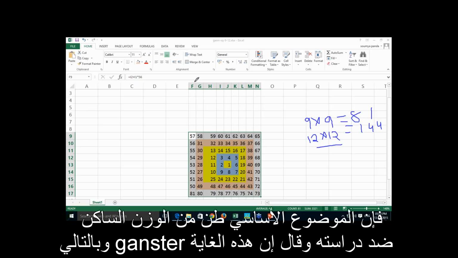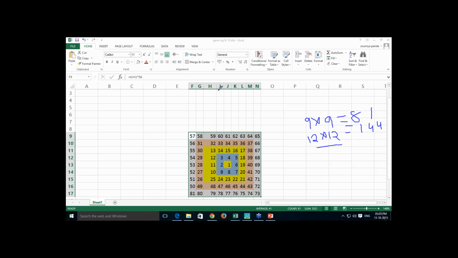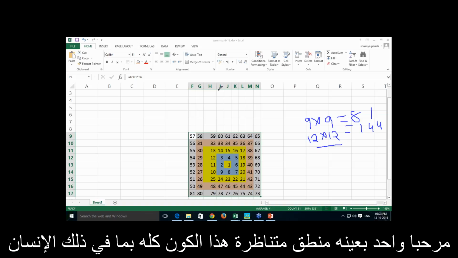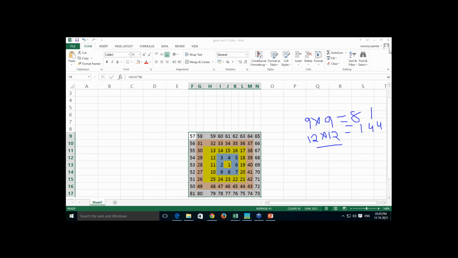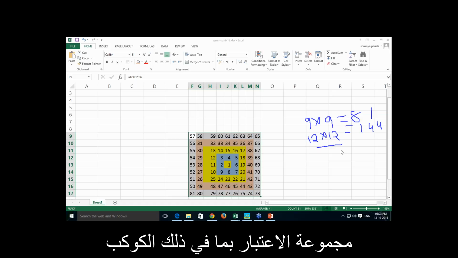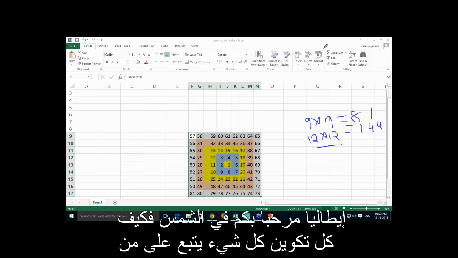So the basic theme of W.D. Gann's study is that he said this entire universe follows one particular geometrical logic. This entire universe, including the human mindset, including the planetary configuration, everything follows one geometrical configuration.